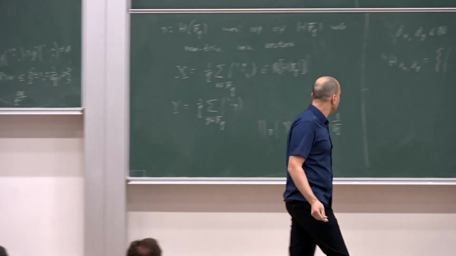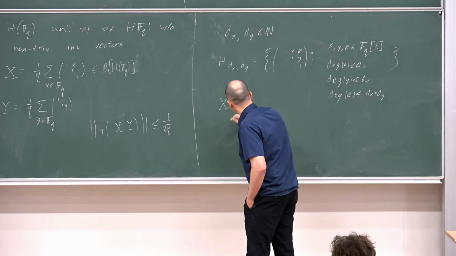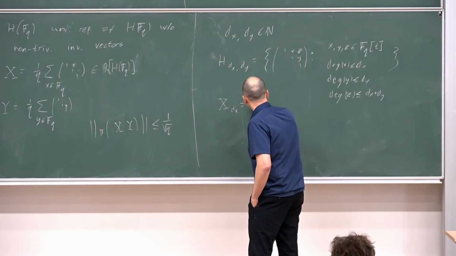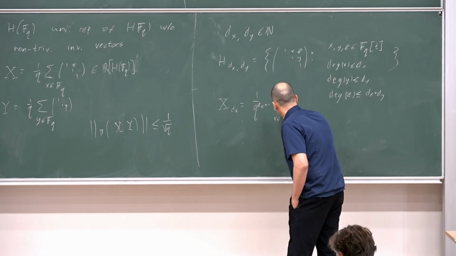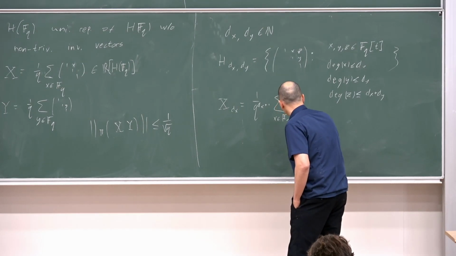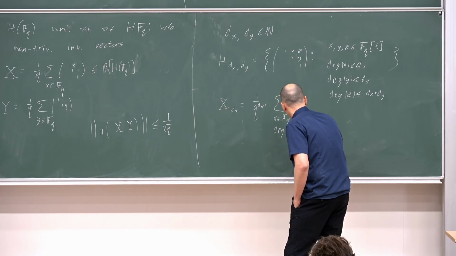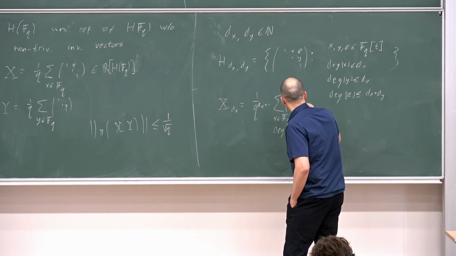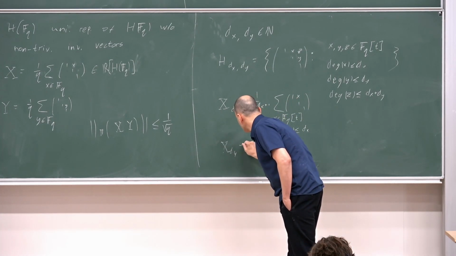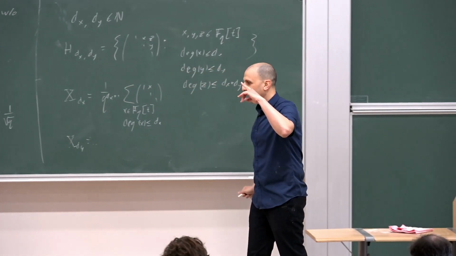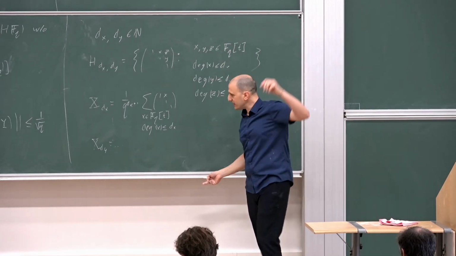So let me just write x of dx as before, and x of dy as before. But now let me add x of dz, which is not averaging over everything, but up to some degree.